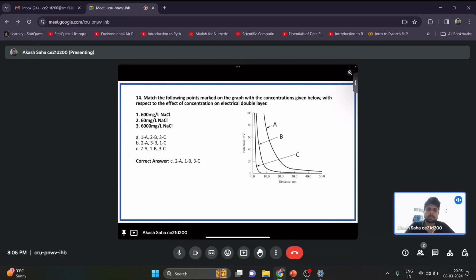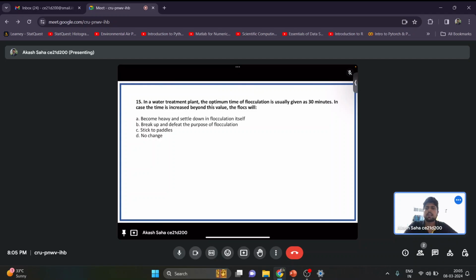We'll move to the next problem now. In a water treatment plant, the optimum time of flocculation is usually given as 30 minutes. In case the time is increased beyond this value, the flocs will: A, become heavy and settle down in flocculation itself; B, break up and defeat the purpose of flocculation; C, stick to paddles; D, there will be no change.